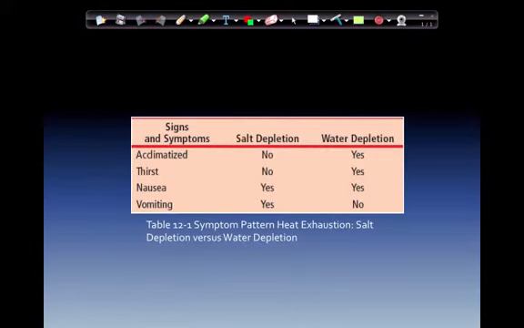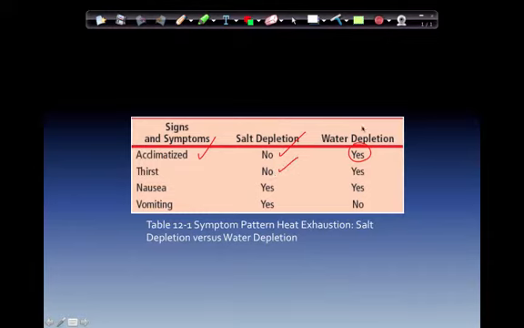Symptom patterns of heat exhaustion, salt depletion versus water depletion. And this is just a brief overview. They can generally have both, but we're just looking at this here. Signs and symptoms. So in the acclimatized patient, are they salt depleted? No, because they're acclimatized. Water depleted? Yes, very easily they could be water depleted. If we see thirst, salt depleted?